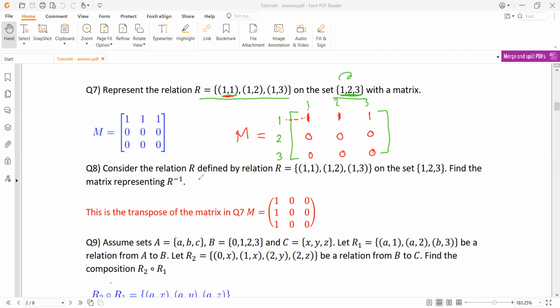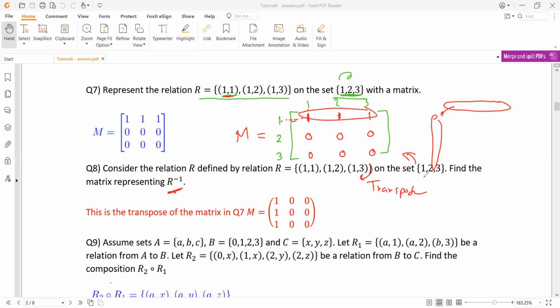Also, can you do the R inverse from the matrix representation? It's okay. Instead of having 1 go to 2, it will be 2 goes to 1. So this is actually finding the transpose of the matrix that represents the relation R. And the transpose is that you convert every row to be a column.